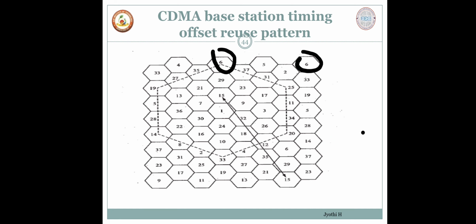Channel 6 is also used here. The area is divided into hexagonal shapes, and each hexagon uses one set of frequencies. The same frequency can be used in another hexagonal area which is far from it.